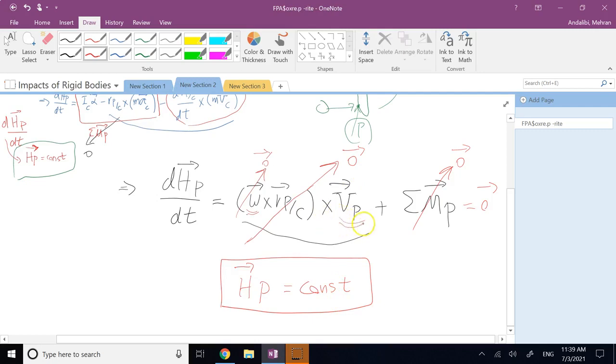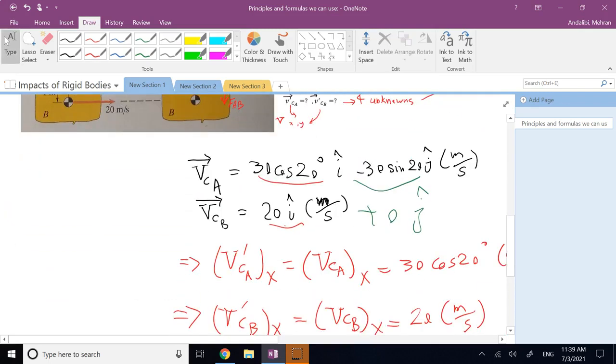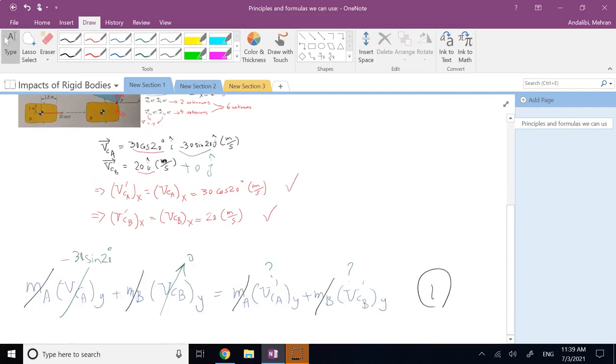Either one of the objects is stationary before the impact, or the objects were not spinning or having no rotation before the impact. In this case, one of the conditions is true, so we can say that. So yes, in this case, I'm going to exploit that condition, because there is no friction about point P, or even if there is, when you take moment about P, all of those moments will go away. Then I will use this condition.